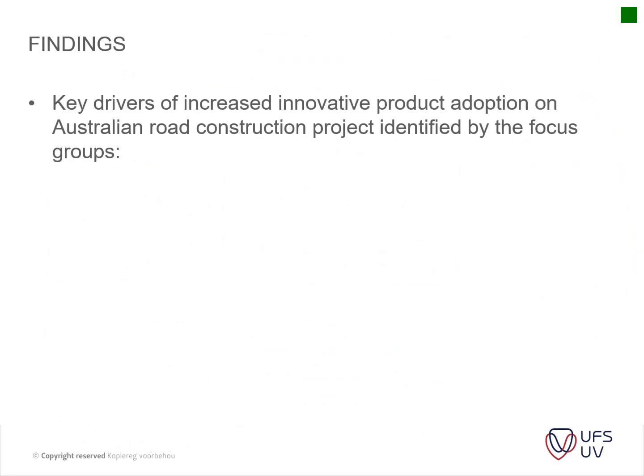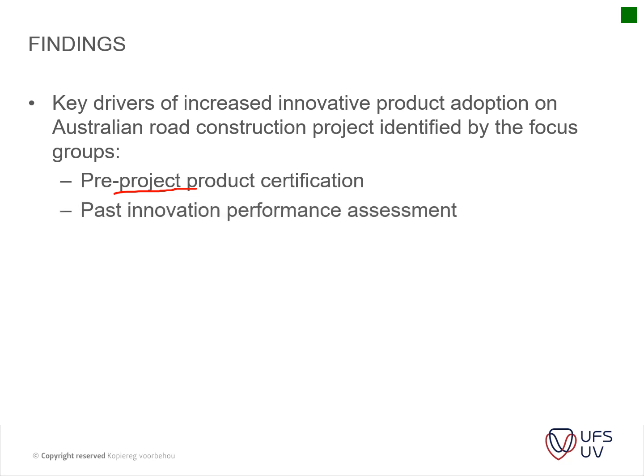The findings from the study: the key drivers of increased innovation product adoption in Australian road construction identified by the focus groups were pre-project product certification. The main thing is that before the project starts, if a new product was specified, it would be approved. Past innovation performance assessments would be done.